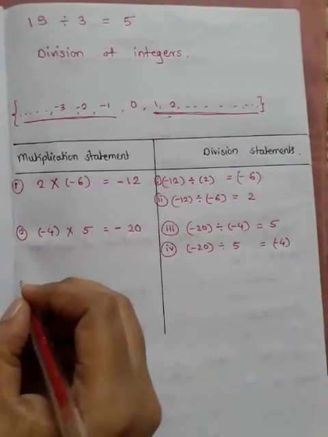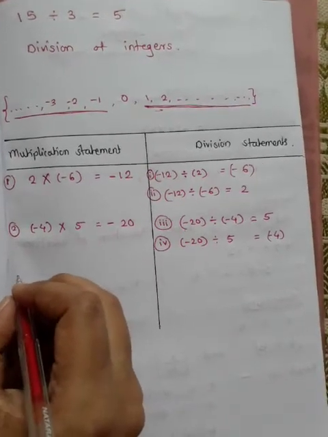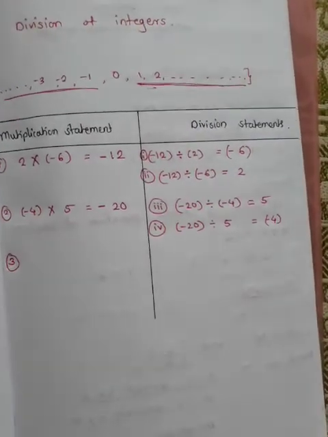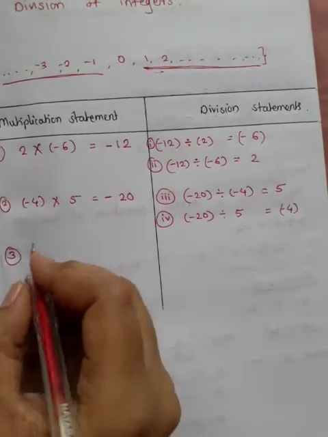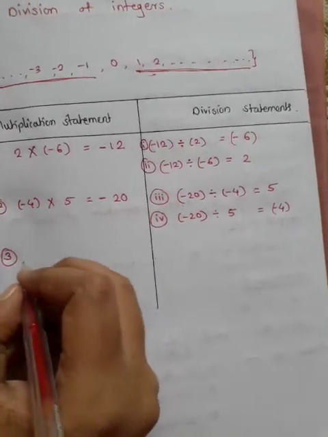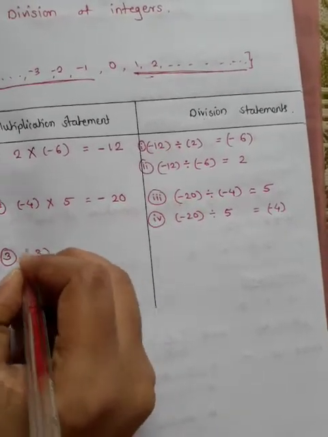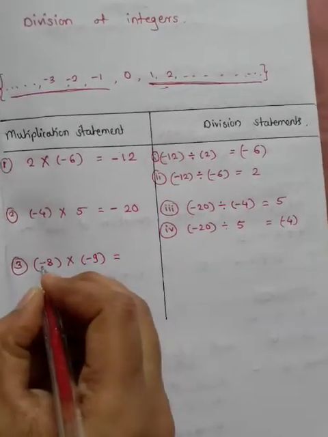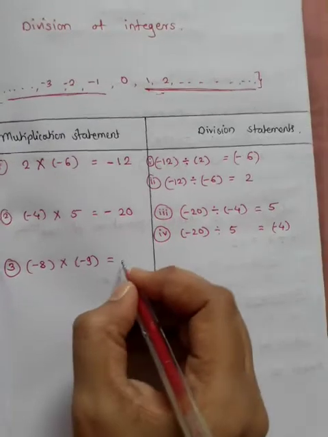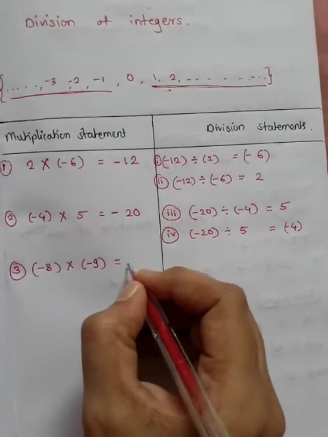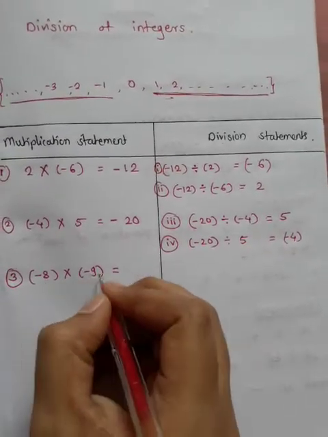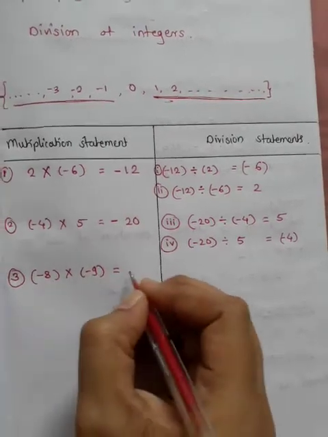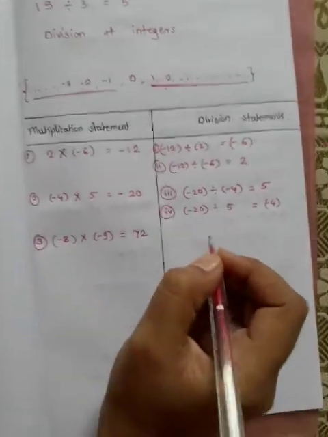And what is the third one? The third statement, let's take minus 8 into minus 9. When a negative integer is multiplied by a negative, we get a positive, and we multiply them as whole numbers. So 8 times 9 is 72.